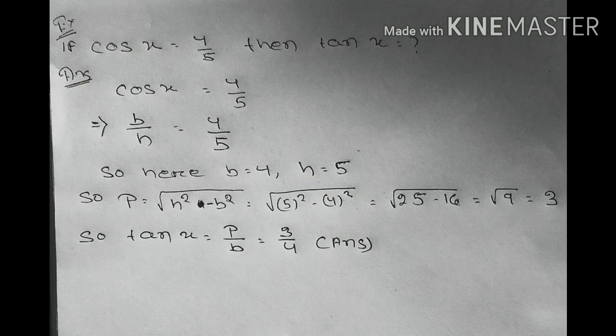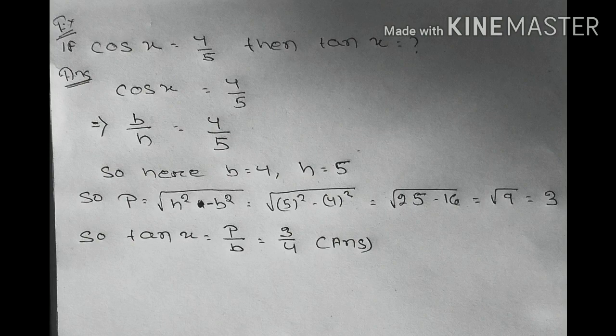Cos x means b by h, which is equal to 4 by 5. So you can write that b by h is equal to 4 by 5. That means the ratio of b to h is 4 to 5. Then from that we can find p, the perpendicular: take b as 4 and h as 5.